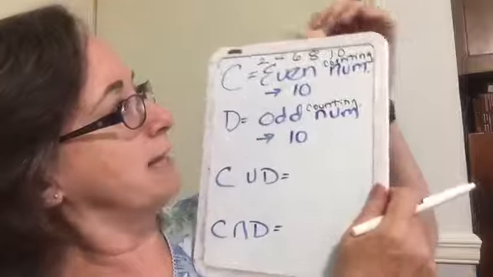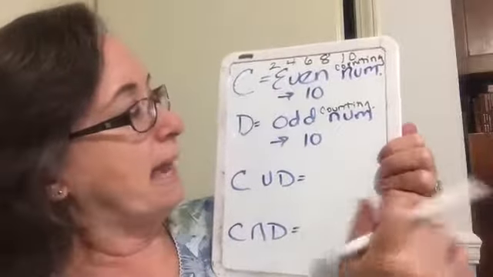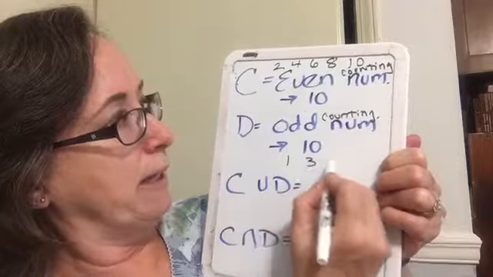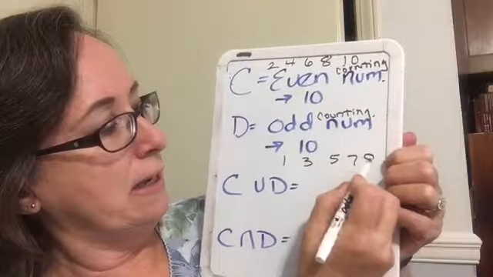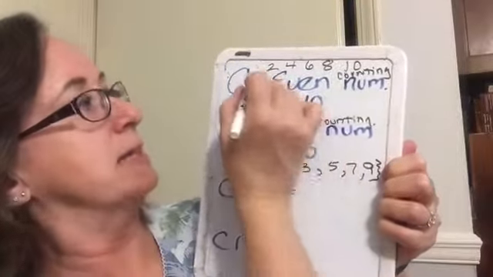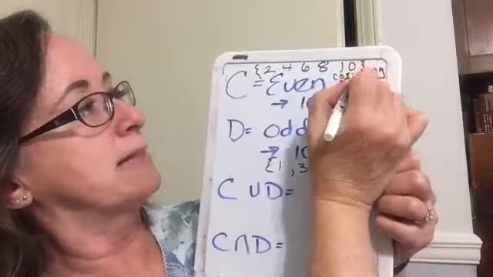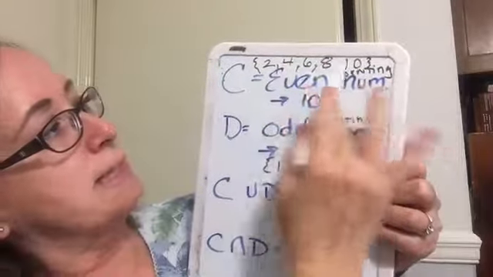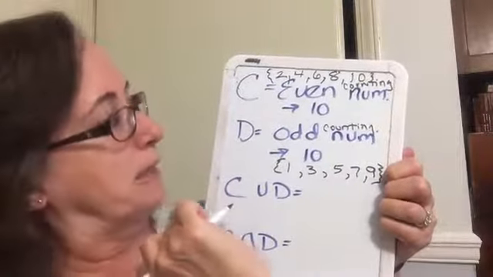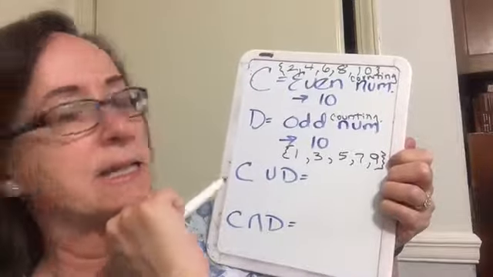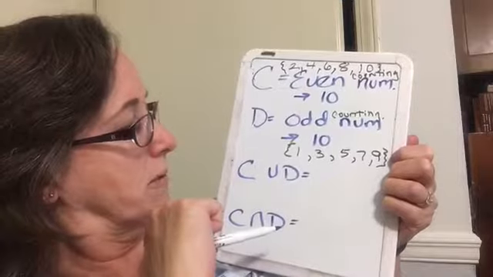2, 4, 6, 8, 10. And then this one says odd counting numbers to 10. Well, 1, 3, 5, 7, 9 would be my odd counting numbers to 10. Put my little set symbols there. So these are the listings of set C's items or members, and this is the listing of set D's items or members.